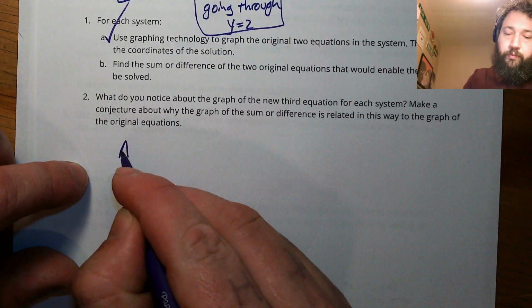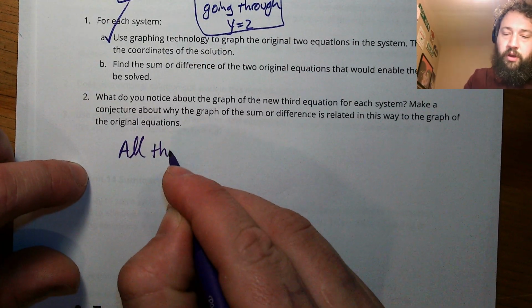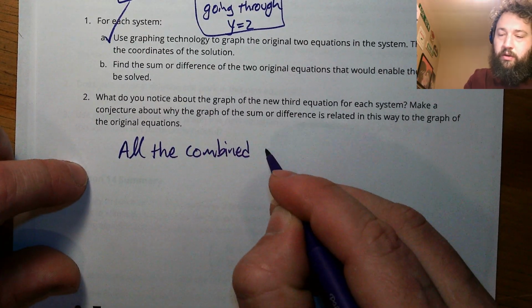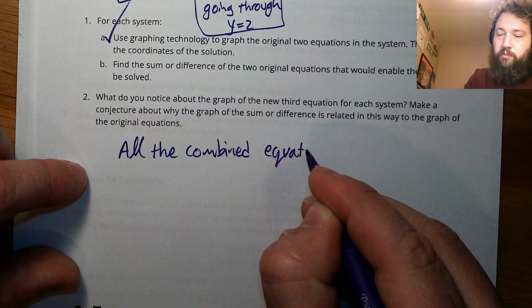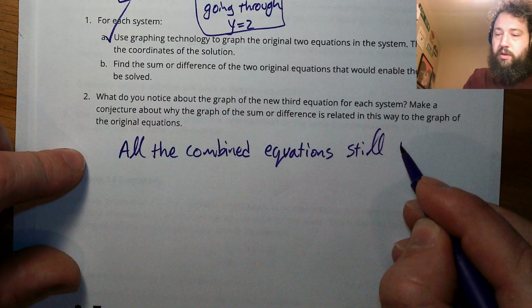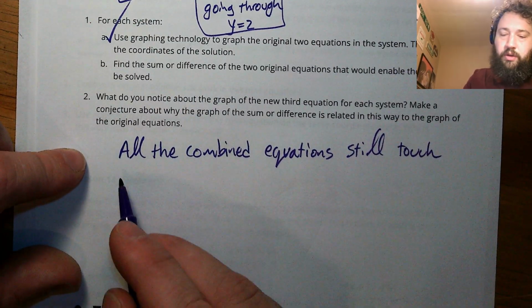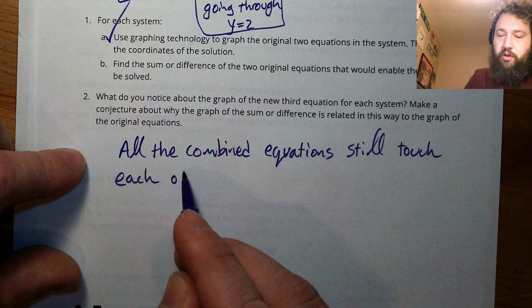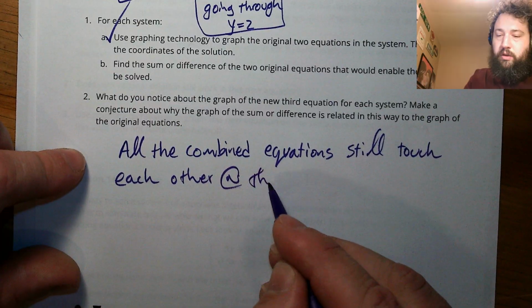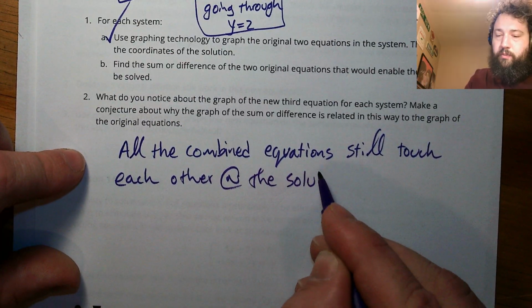So all the combined equations still touch each other at the solution.